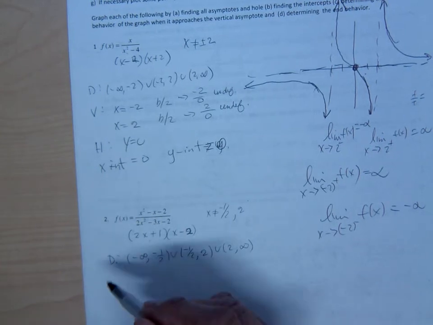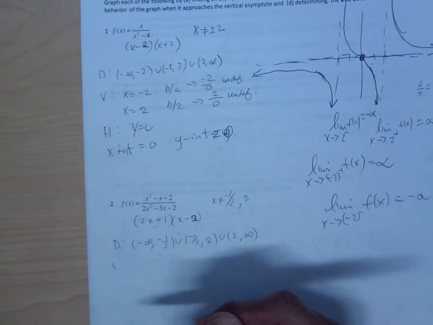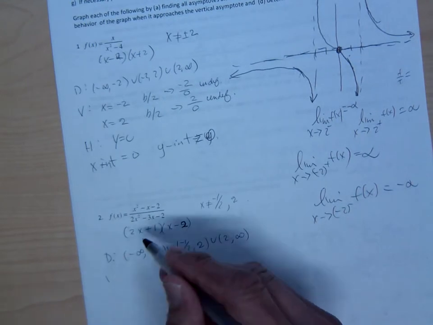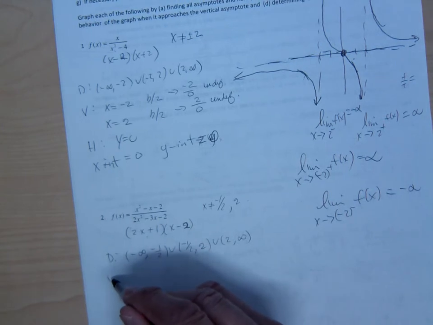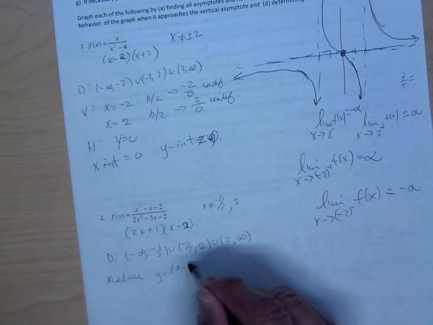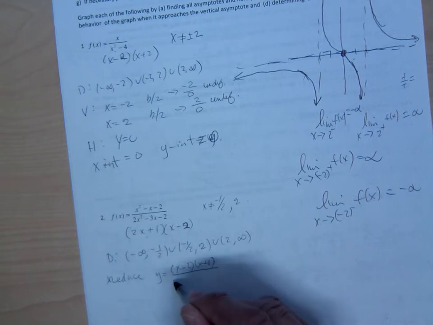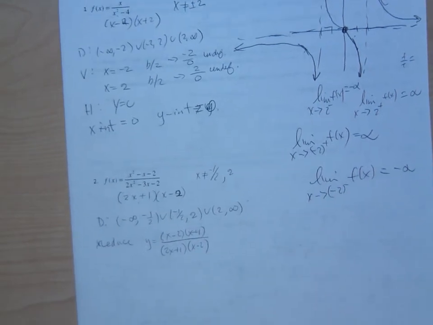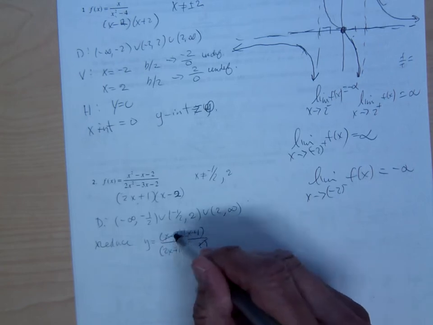Okay, so let's go through the vertical asymptote and the hole. What I need to do is reduce my form first. So let's reduce. Since I rolled over, I might use this for reducing. So you have y equals the factors x minus 2, x plus 1 on top, and on the bottom we already factored that. Now you do know we have a common factor, okay? That divides out.